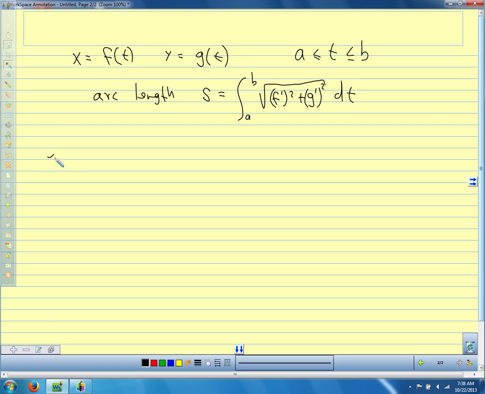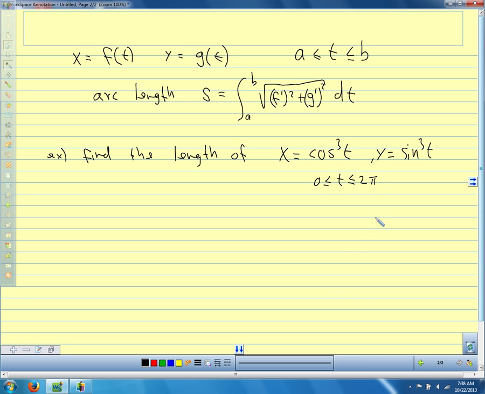So we want to find the length of x equals cosine cubed t, y equals sine cubed t, from 0 less than or equal to t less than or equal to 2 pi.